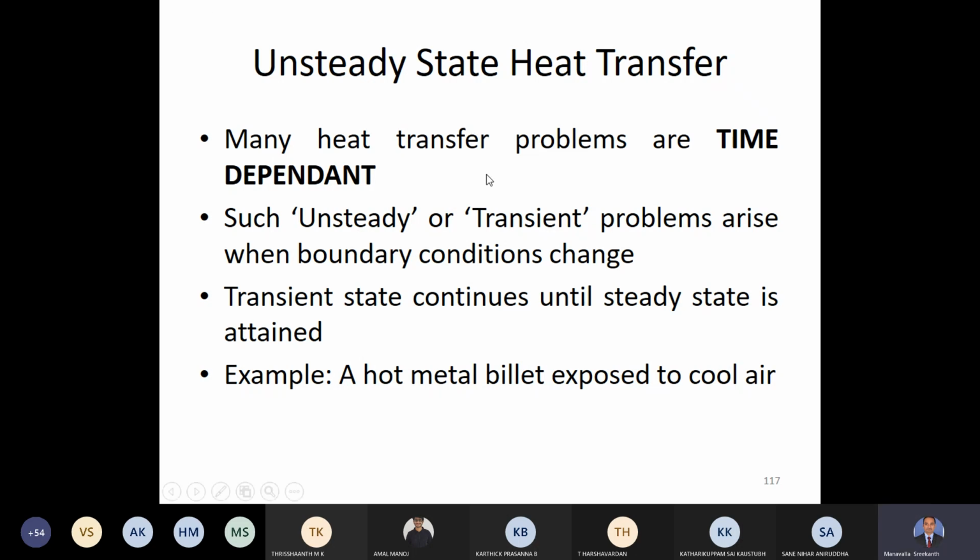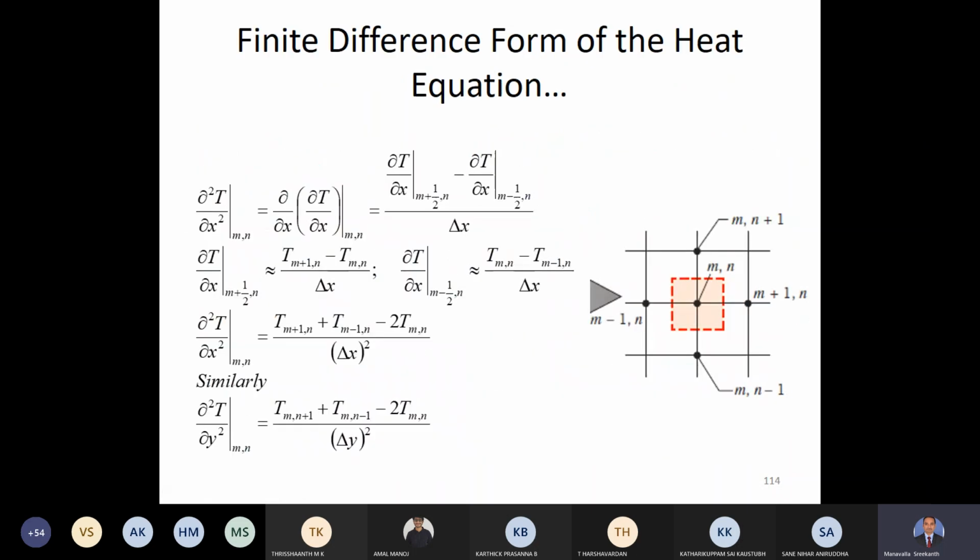In some conditions, as I said, time dependency is there anyway and we can't avoid it, and therefore we have to study unsteady state heat transfer. But as you can understand from intuition, unsteady state heat transfer is a little bit more complicated than steady state heat transfer. Why?